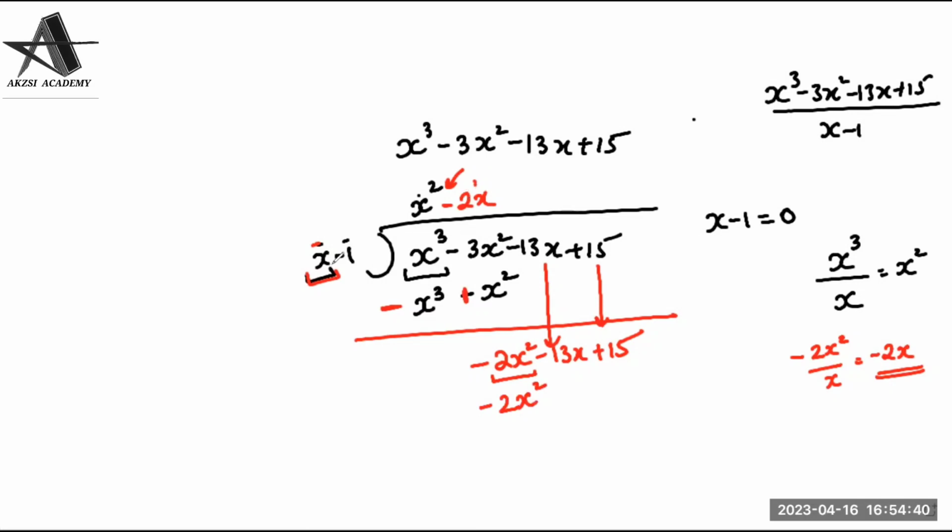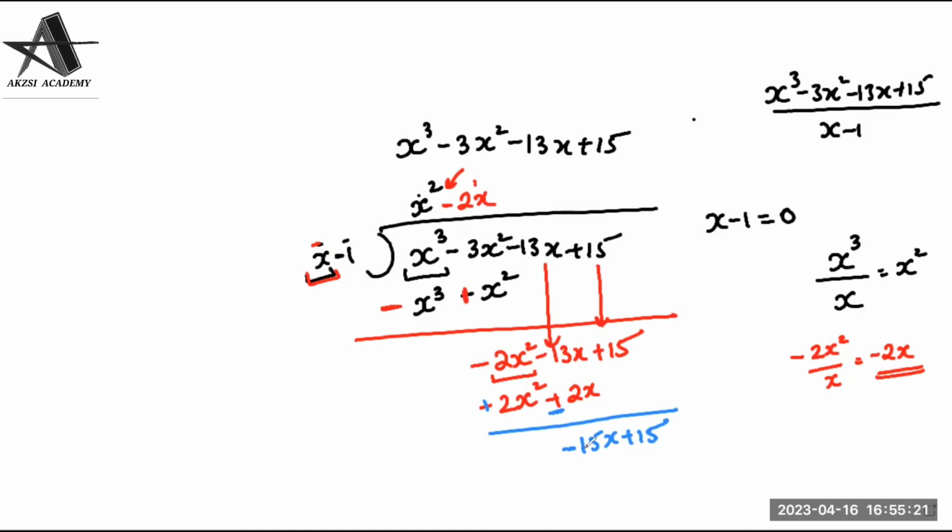Negative 2x times negative 1 is plus 2x. And repeating the same process, we subtract them. When you subtract, this will become 0, minus 13x minus 2x is minus 15x plus 15.